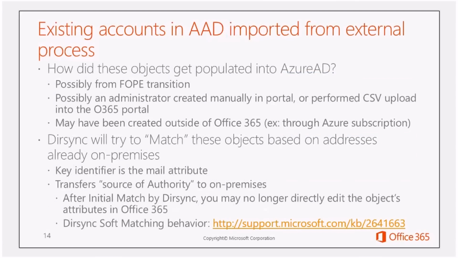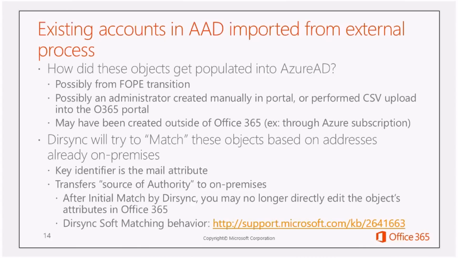Okay, so another common issue that we get is what happens when we have objects that were previously placed into Azure Active Directory before the first run of DirSync. Usually, the problem won't be spelled out as such.